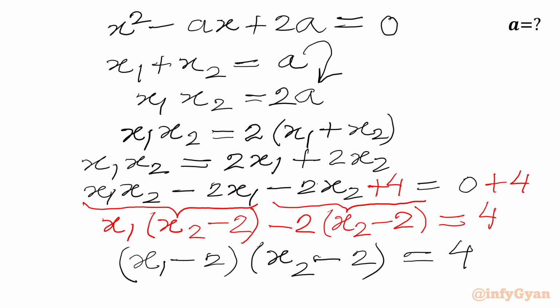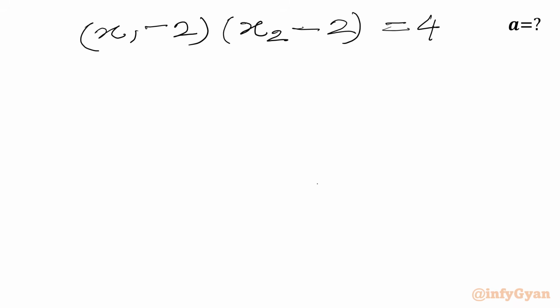Now x1, x2 are distinct integers. We will find factors of 4. Let me write equation over here, x1 minus 2 times x2 minus 2 equal to 4. So we can consider x1 minus 2 equal to 1, and if we will multiply 1 with 4, we are going to get product 4. If we'll take x1 minus 2 equal to 4 and x2 minus 2 equal to 1, we are going to get the same product 4.